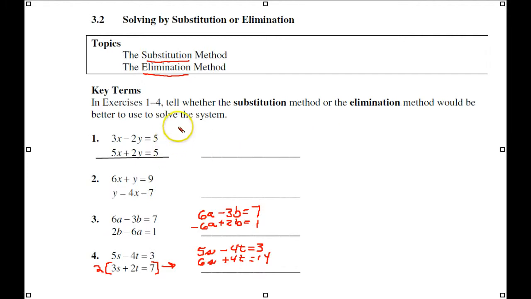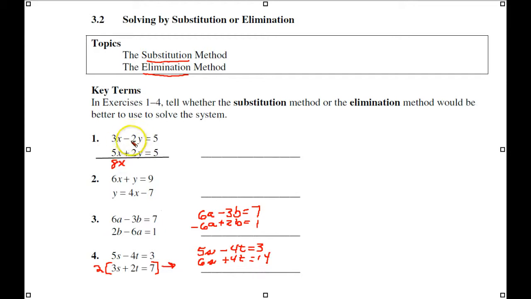So one of the things they tell us to do is to carefully see, is each equation in standard form? Well, this is in standard form. This is in standard form. Now, if we put a line under them and then add them up, what happens? Well, here we get 8x.